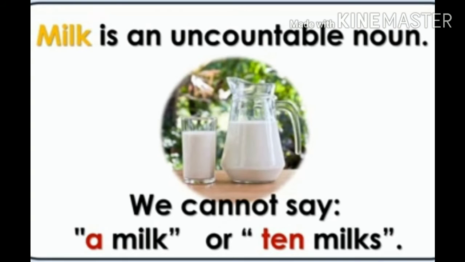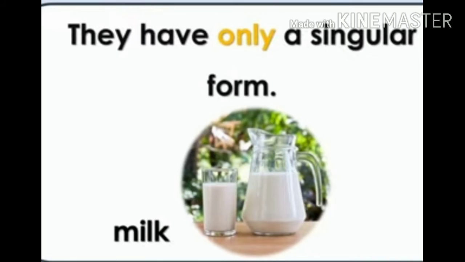They have only a singular form. They never have a plural form. They have only a singular form, only milk. We cannot say milks, and we cannot say a milk.